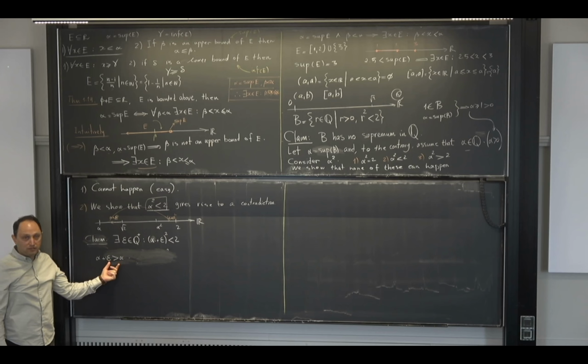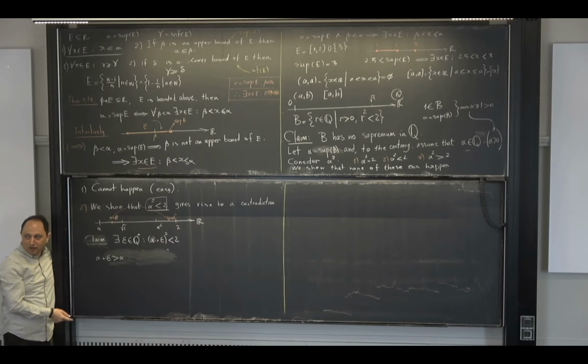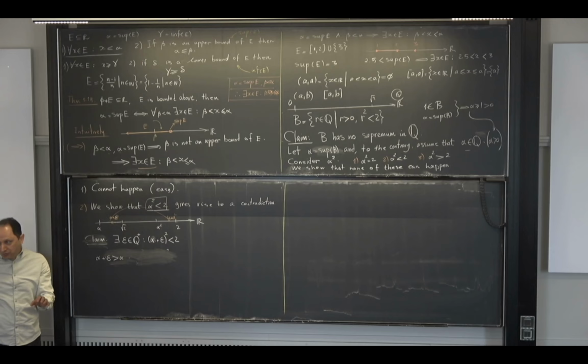Alpha plus epsilon is greater than alpha, by itself is not a contradiction. Do you agree? Because alpha plus epsilon is indeed greater than alpha because epsilon is positive. But if you combine this fact with some other fact we know, then the contradiction shows itself.